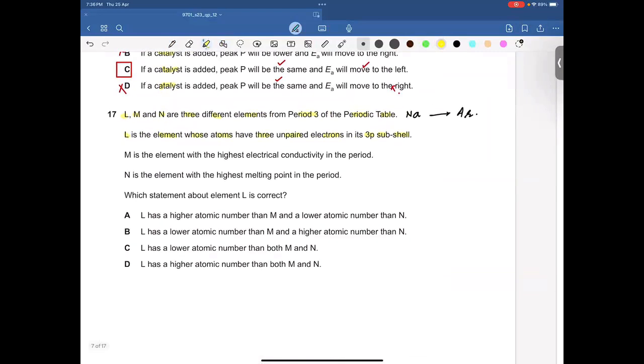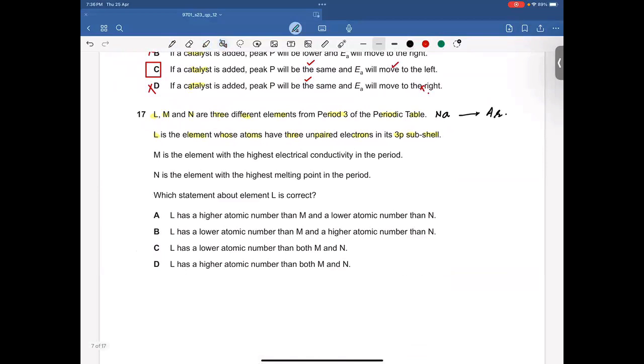If 3 unpaired electrons are present in the 3p subshell, that means this element L belongs to group 15, and this element L must be phosphorus. Because if an element belongs to group 15, it has 5 valence electrons.